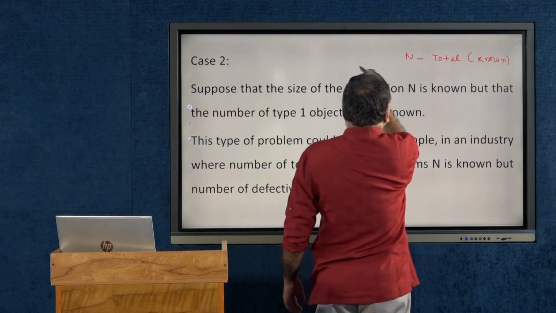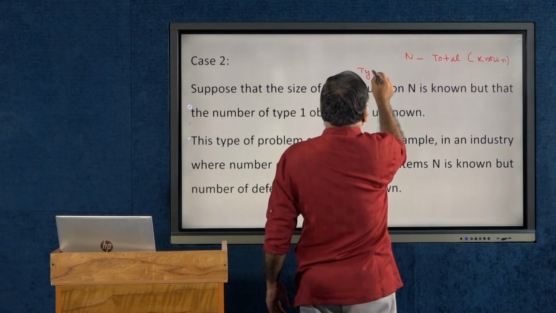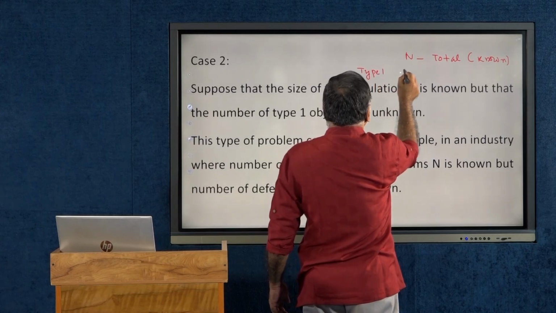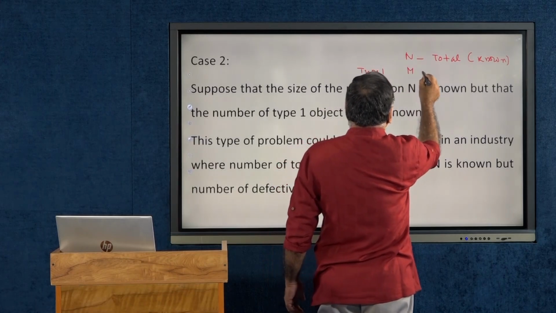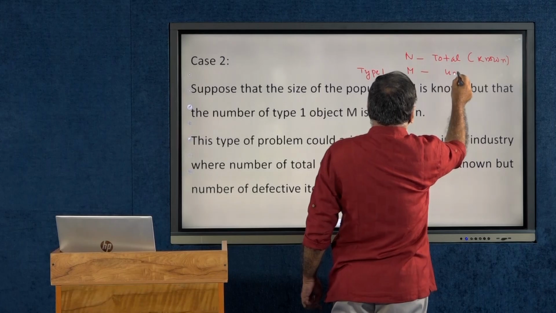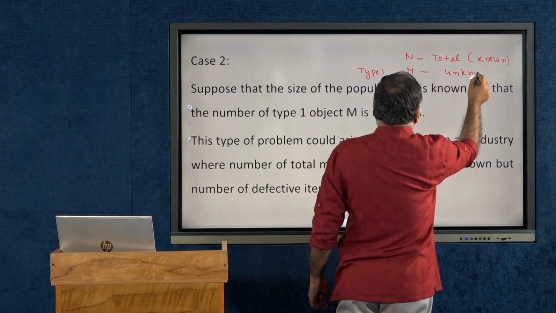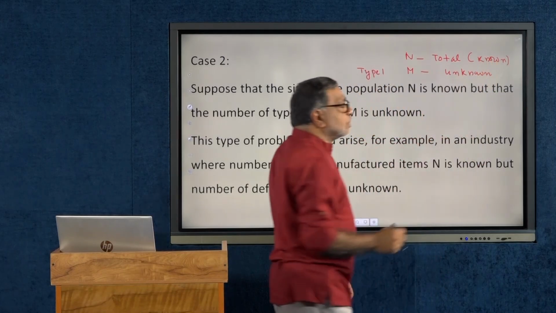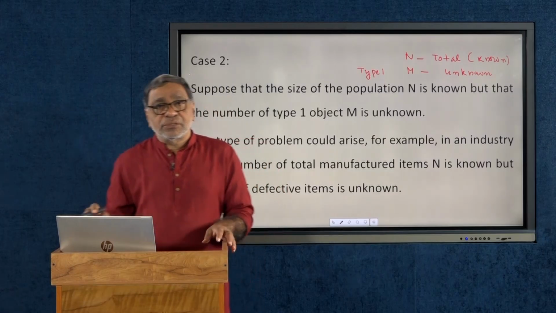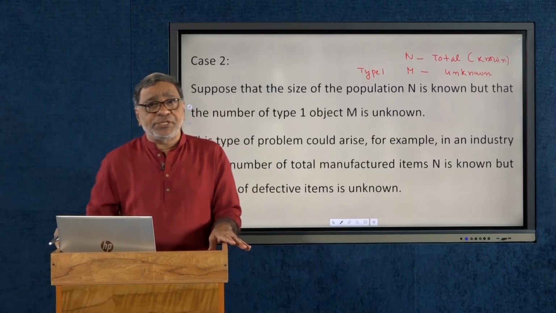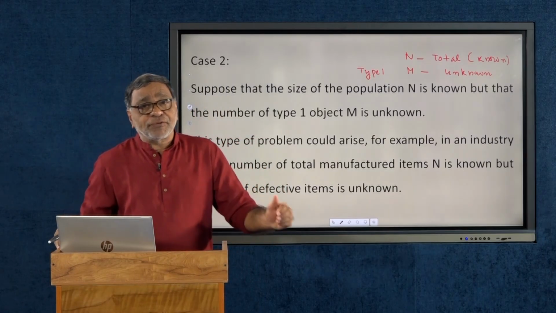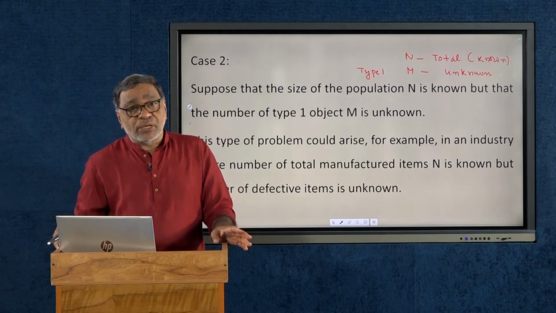Type 1, suppose capital M is the number, that is unknown. So suppose the size of the population is known, but the number of type 1 objects M is unknown.